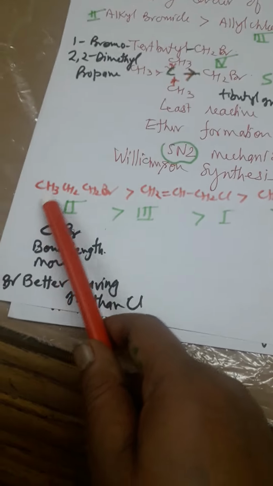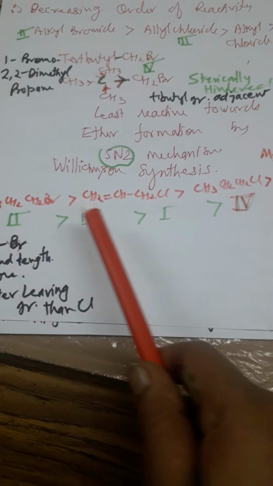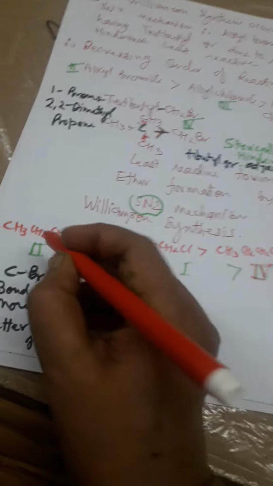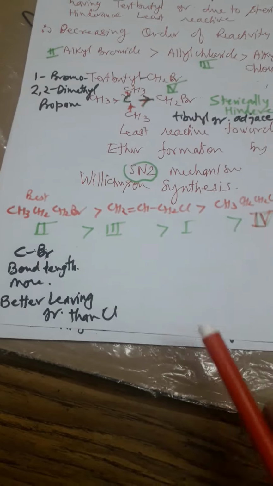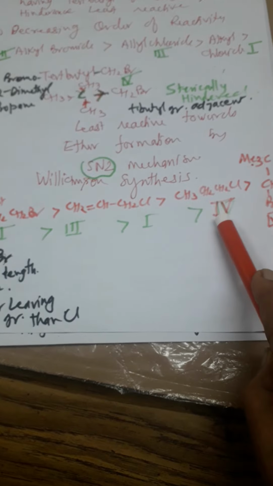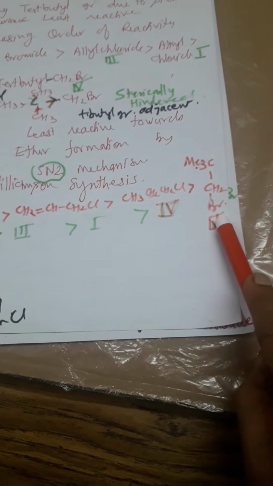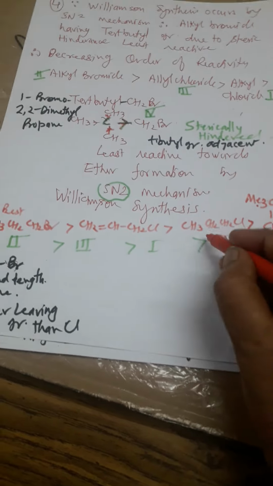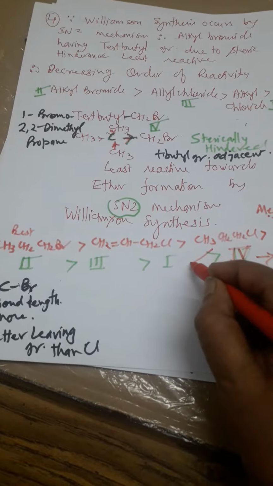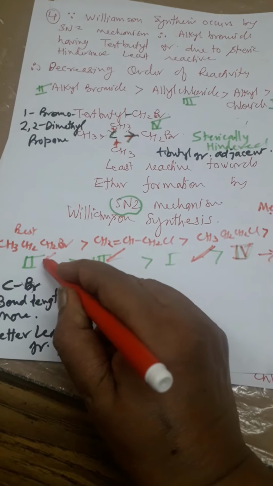Clear? Now see here, I have written CH3CH2CH2Br. This is the number I have given, which means this is the best one for ether formation. Then allyl chloride, then this chloropropane, and then the last one is tert. This is for the first one, this is for the second one, this is for one.